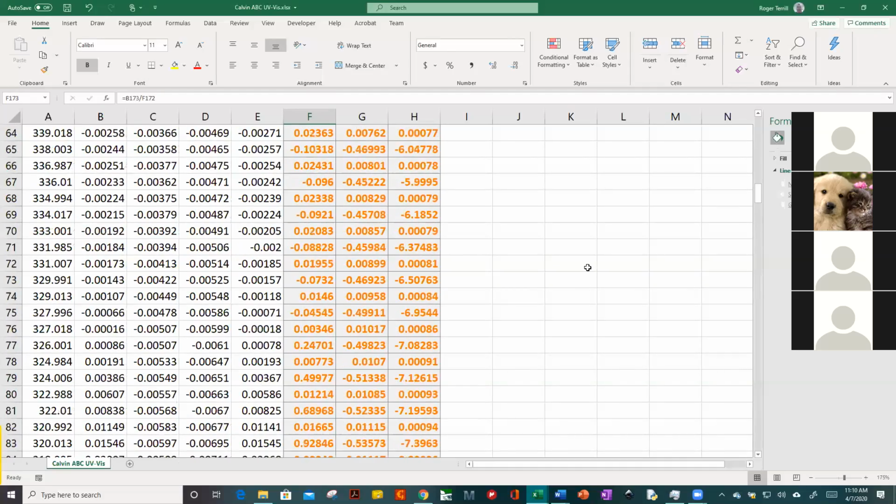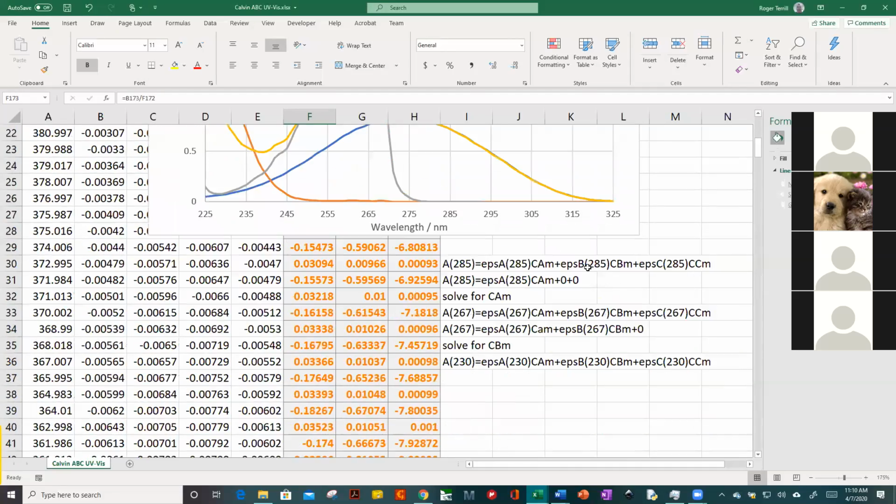Okay, good. How about the concentration of A in the mixture? Do we know that?